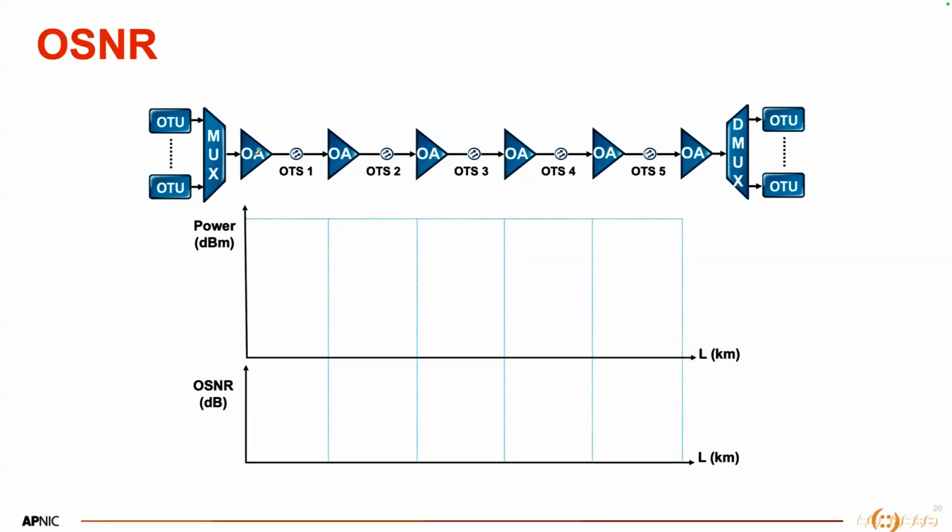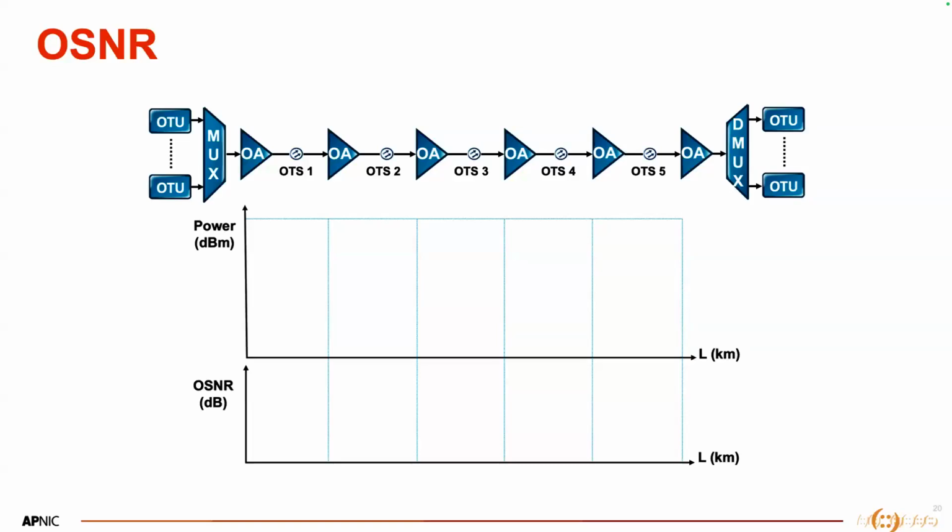Then they are thrown to the optical amplifier. It passes through several optical amplifiers and then reaches the destination. Then we have a demultiplexing process, and with this process all the wavelengths are decombined, or demultiplexed, and delivered to their own OTU. So this is how the whole thing is constructed.